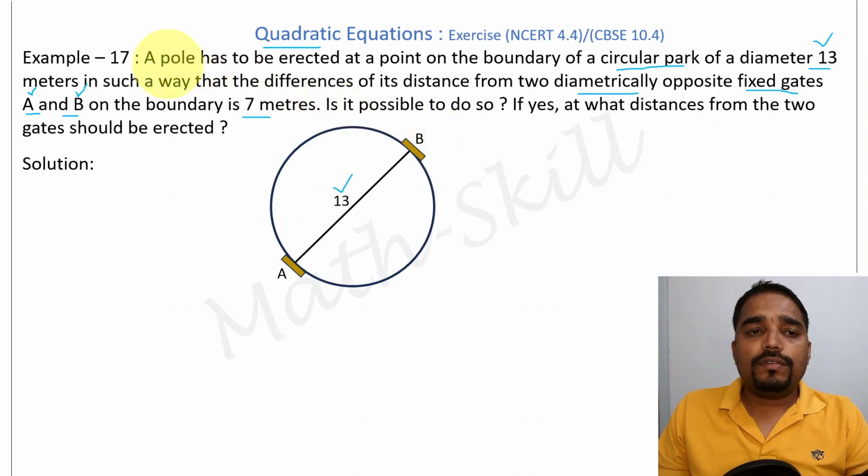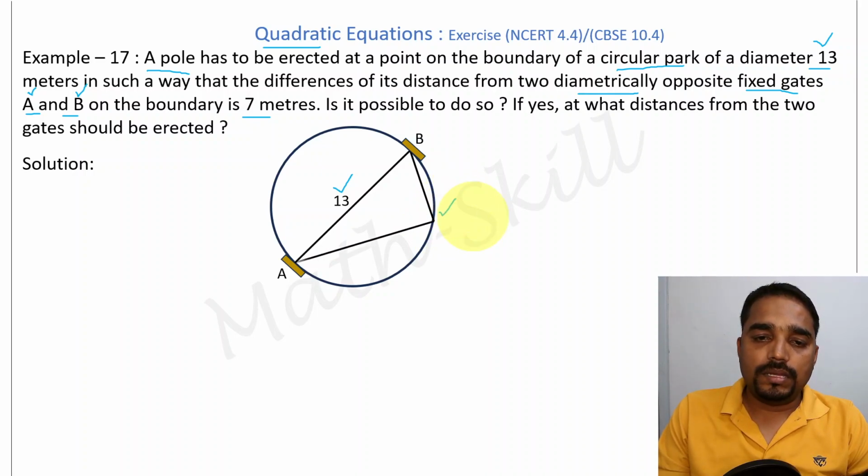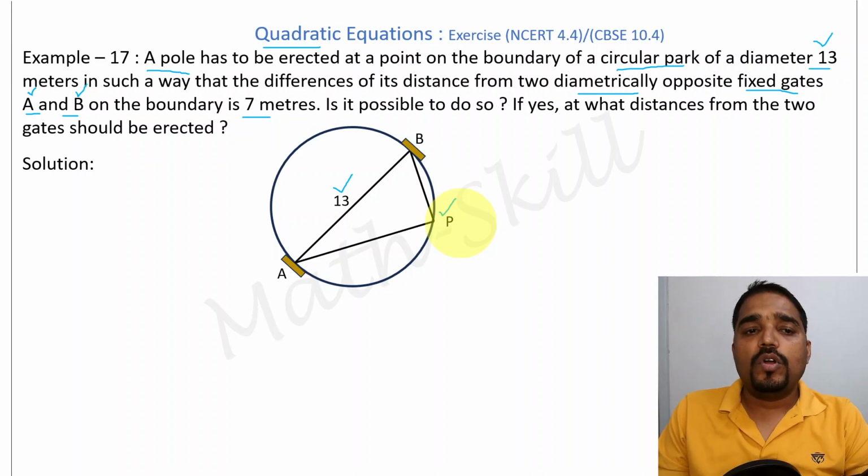Now we will have to erect a pole at a point on the circumference of the circle such that it is at some distance from both the gates. Suppose the pole is erected here, at some distance from gate A and also from gate B. Let us name the point at which the pole is to be erected as point P. Now what is he saying?